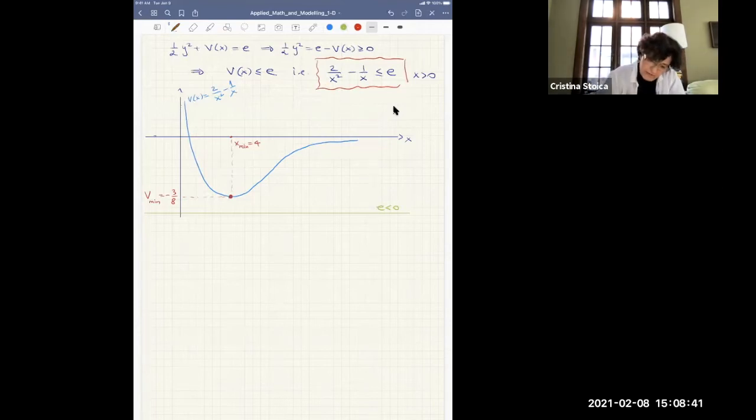The other one is when it touches here, right? So this would be E equals exactly minus 3 over 8, exactly the value of the minimum of V. So I'm just picking up the important values and then I'll discuss them one by one.